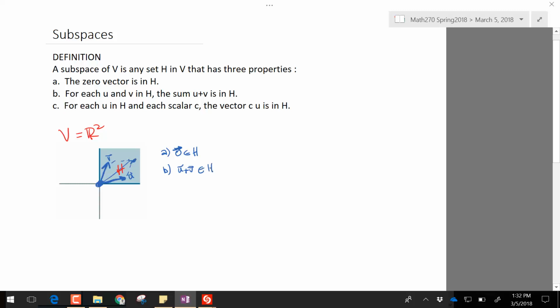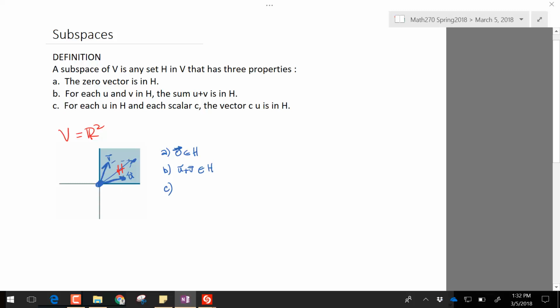So this is still in H, right? Now the last one is a scalar multiple. If we scale a vector in H, is it still going to be in H?